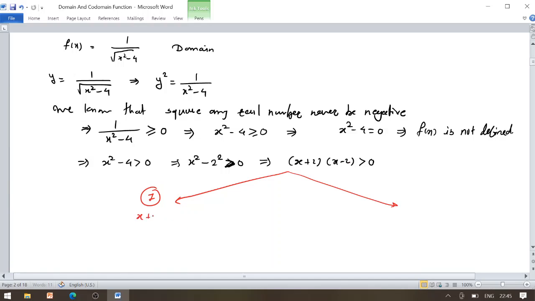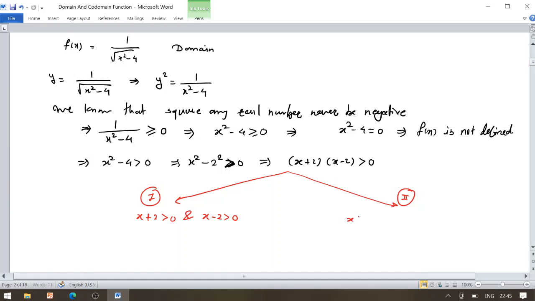That means once x plus 2 is greater than 0 and x minus 2 is greater than 0, the multiplication of them is a positive number. In the second case, once both are negative, the product of any two negative numbers is always greater than 0, because under multiplication minus minus becomes a plus.